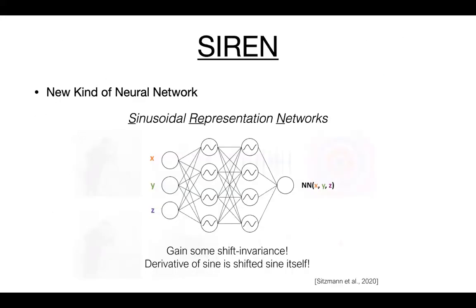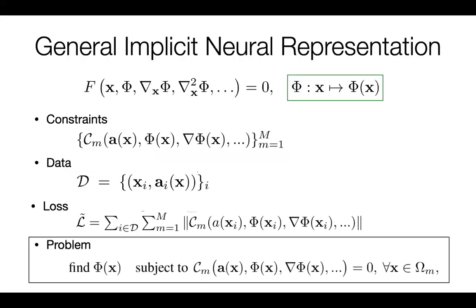And in that paper, Sinusoidal Representation Networks, the author puts this in a very general context for implicit neural representation, not just for shapes, but any kind of signal. Because any kind of signal that's a field, you can represent with an implicit representation.